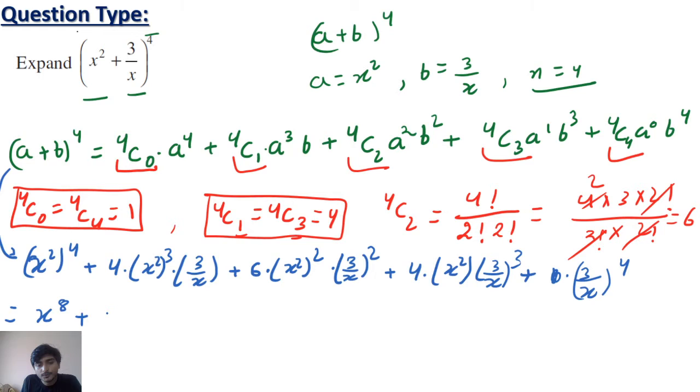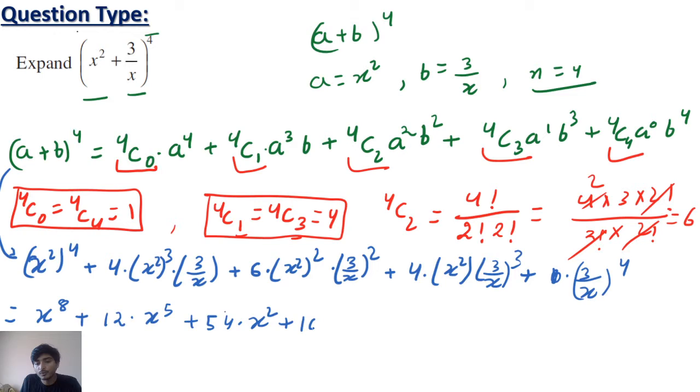So 54, and here x to the power 4 minus x 2, right? So x to the power 2, right? Plus 4 threes are 12, 12 threes are 36, 9 3s are 27 into 4 is how much? 108. Okay, now x squared by x cube.